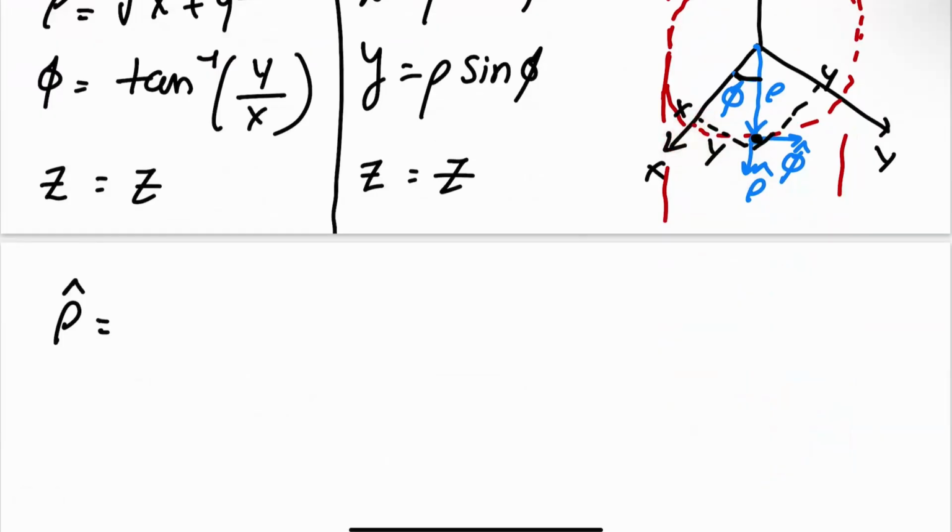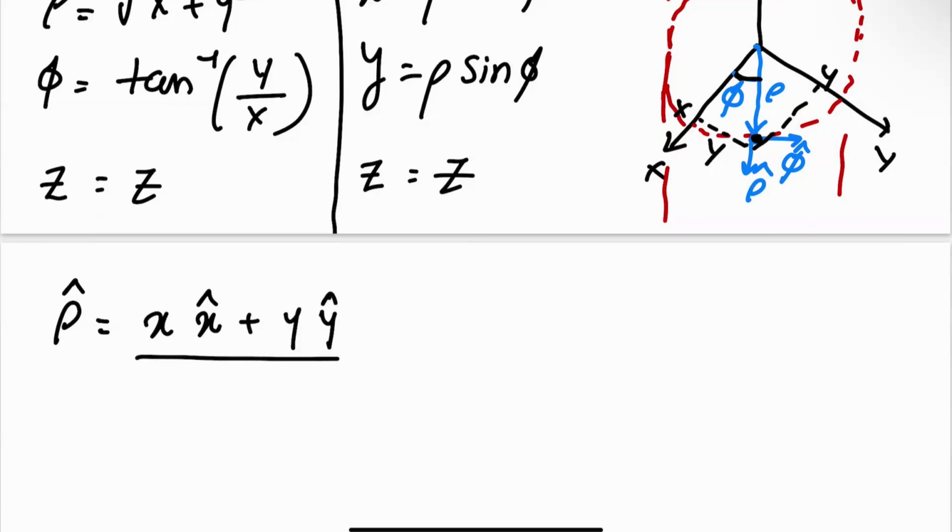So when y is 0, which means you're along the x-axis, rho hat should be equal to x hat. When x is 0, which means you're along the y-axis, rho hat should be equal to y hat, right? Because as you go around, this normal moves around, and you end up with that. So that's why rho hat is nothing but x hat plus y hat.